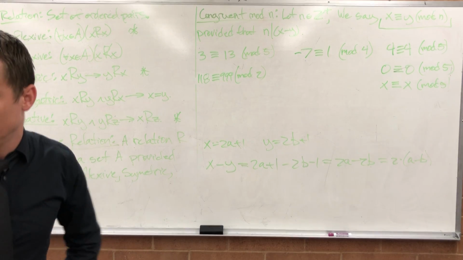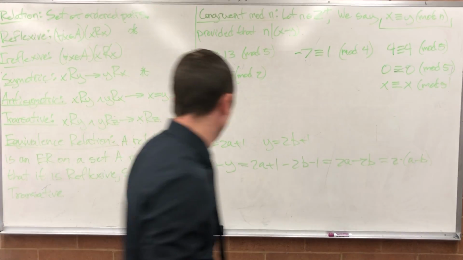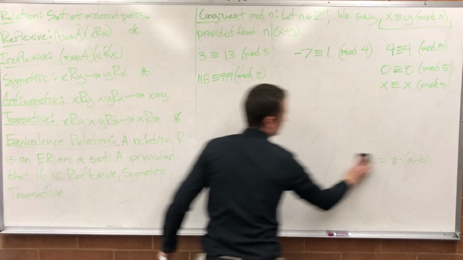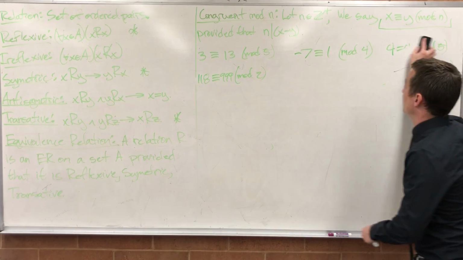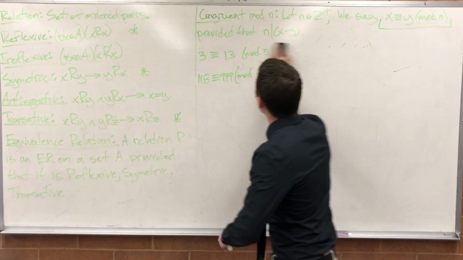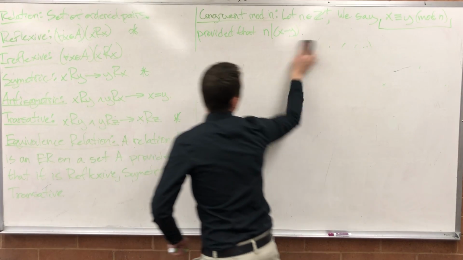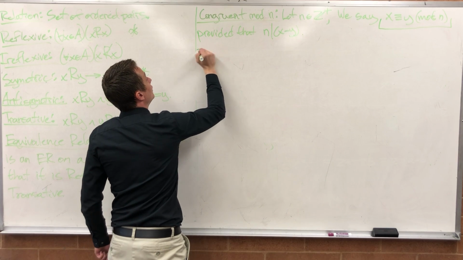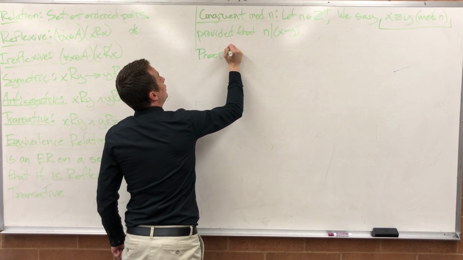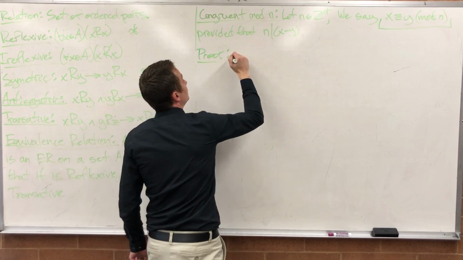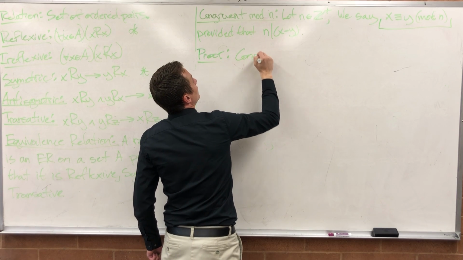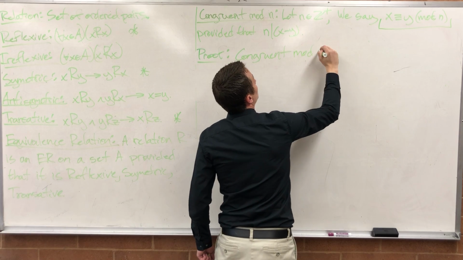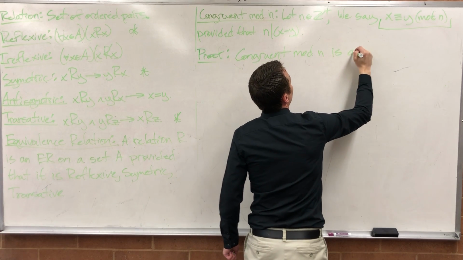So now let's prove that the congruent mod n relation is an equivalence relation. Now we've gotten familiar with it a little bit. So we're doing a proof that congruent mod n is an equivalence relation.